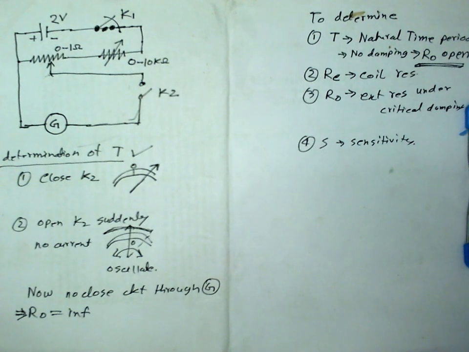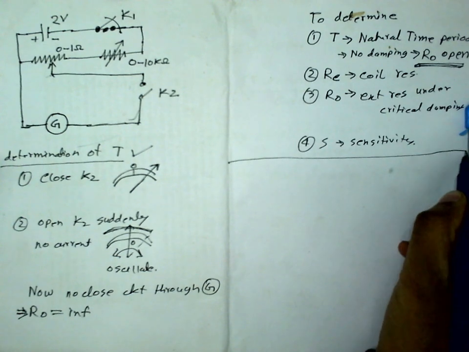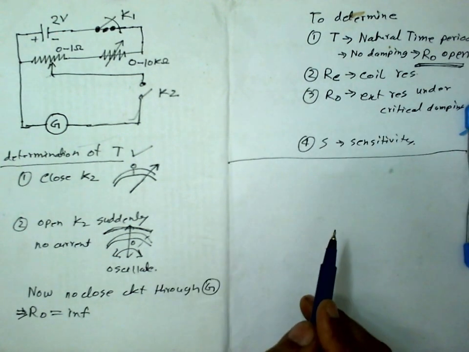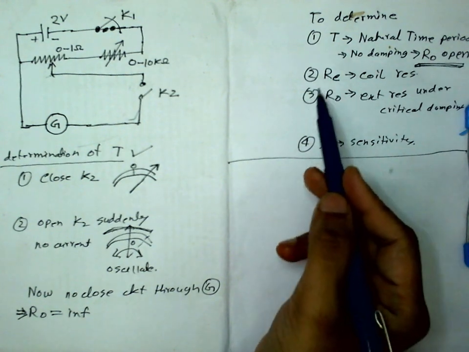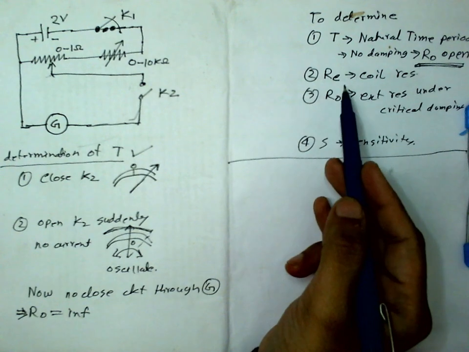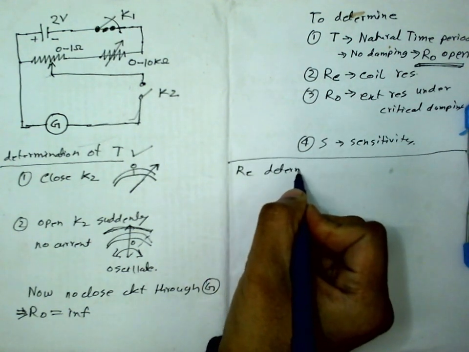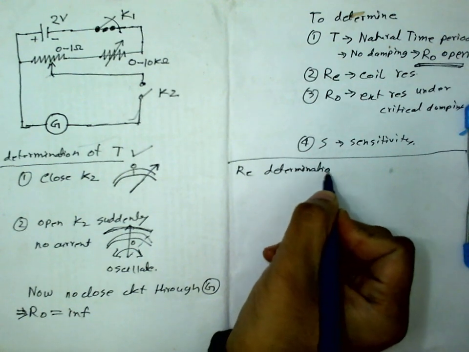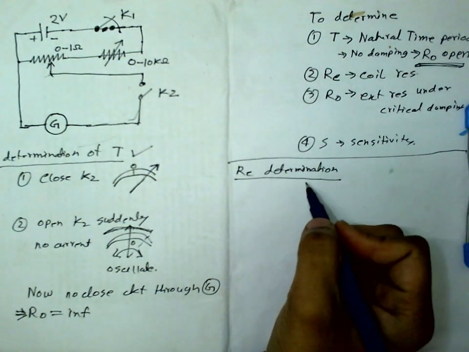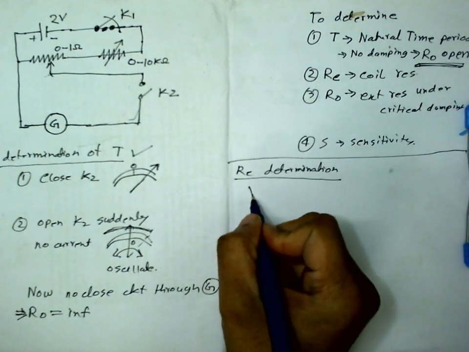Okay. Now next, let us try to determine this thing, RC, the coil resistance. Okay, RC determination. So like any resistance, you can determine it with a voltmeter ammeter method.